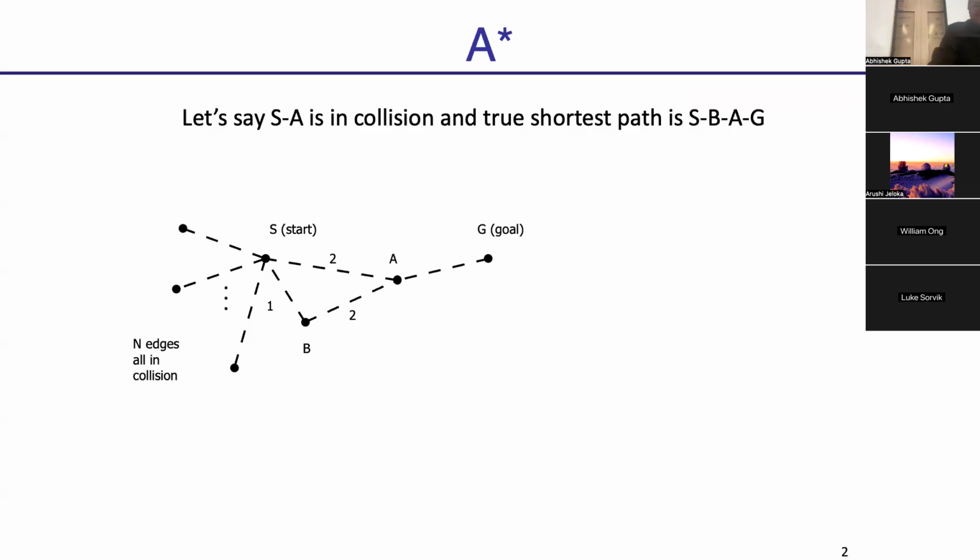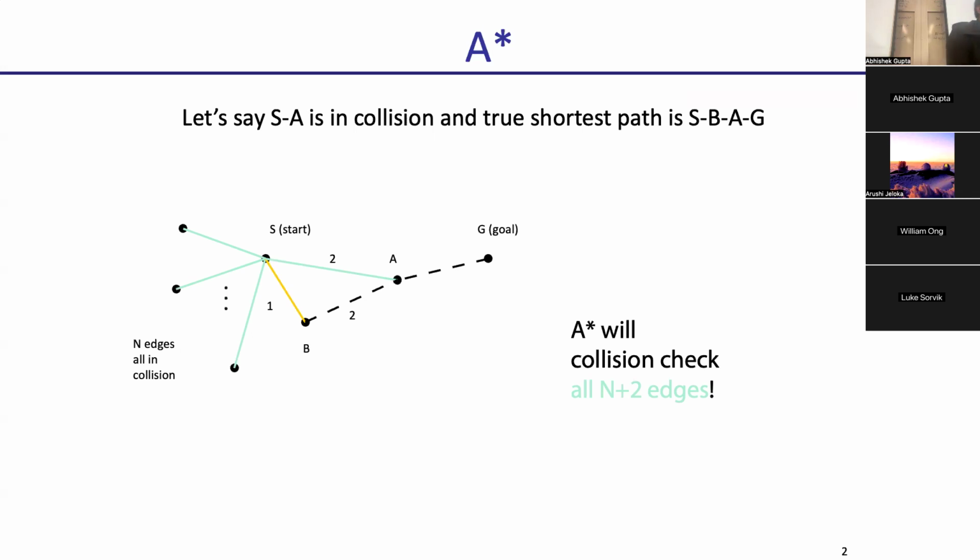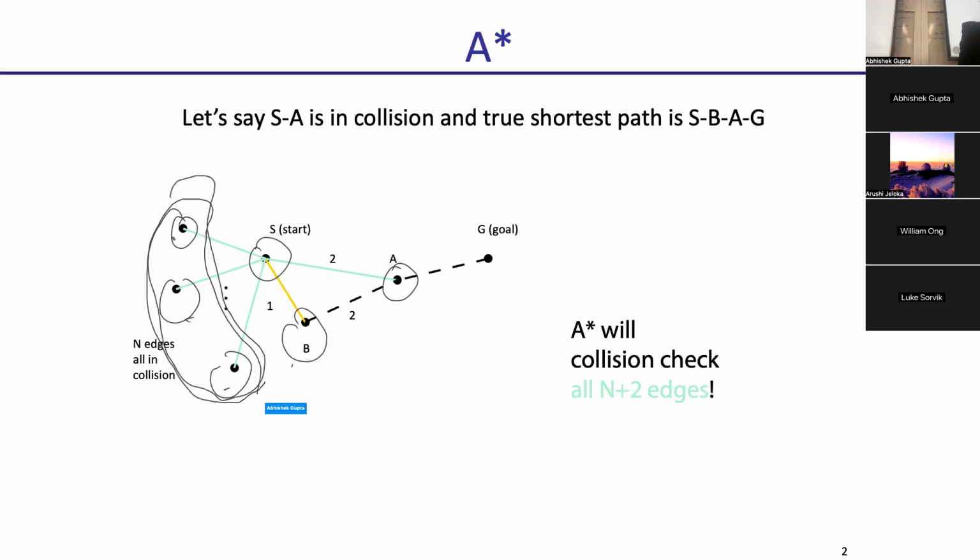But if I did A star search, right? Let's say I started from S. What would happen is that I add each of its children. I say I expanded S. I looked at every child of S, which is going to be n children plus A plus B. And when I expanded S, I did n plus 2 collision checks. And that is way too many collision checks, because we know that the heuristic will tell us that these guys are not actually that promising.